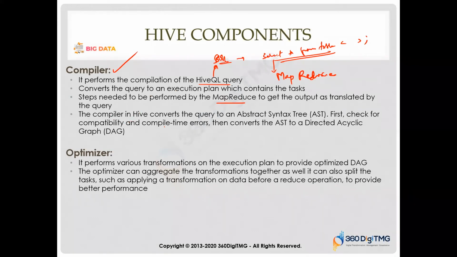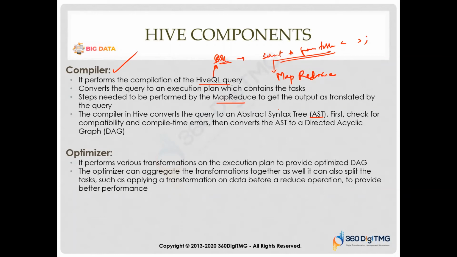And this compiler converts the query initially into something called an AST, abstract syntax tree. It's a tree which is getting generated, which basically has a flow saying that, hey, this is what you have to do. Select star from table means you need to refer to these tables, the contents in the tables, pull that and then show it. So there is a flow, right?